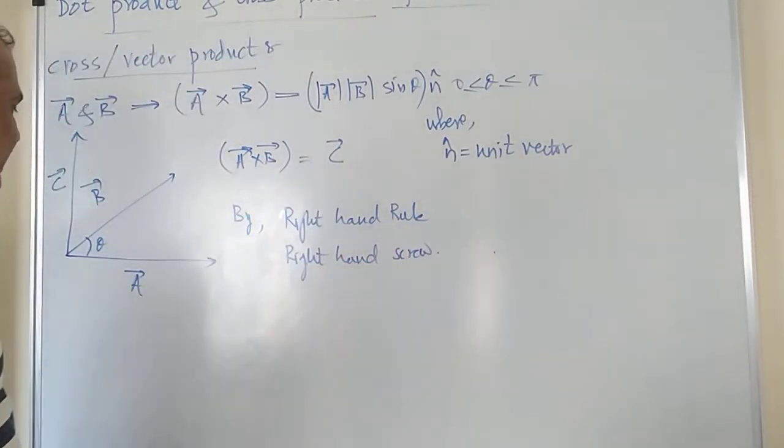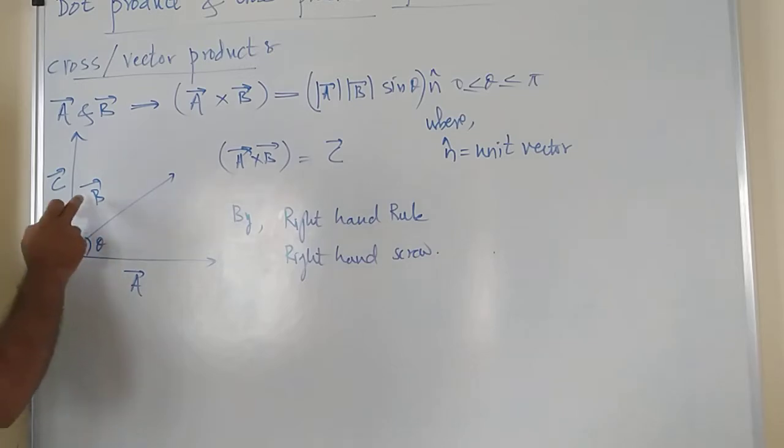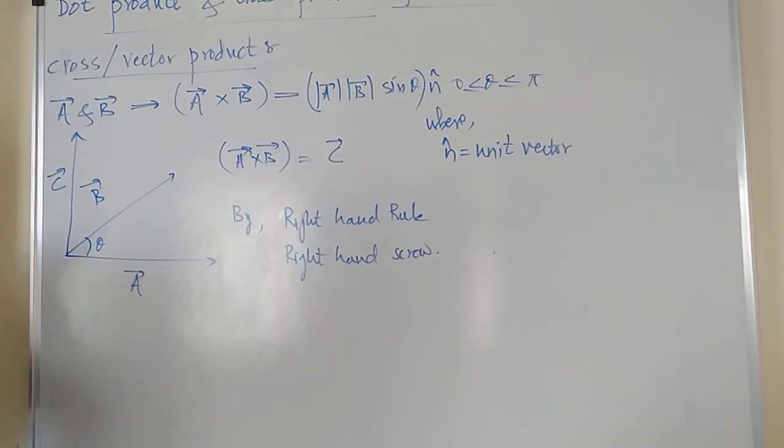And what is that? That is calculated by considering these two vectors. This is A bar and this is B bar. So if you curl your fingers along the direction of rotation of the vector, this vector is in this way.